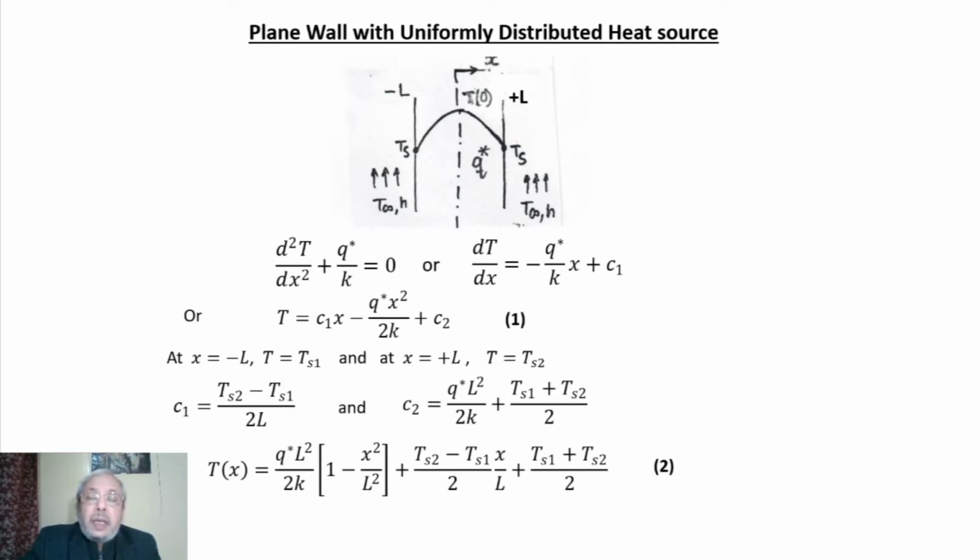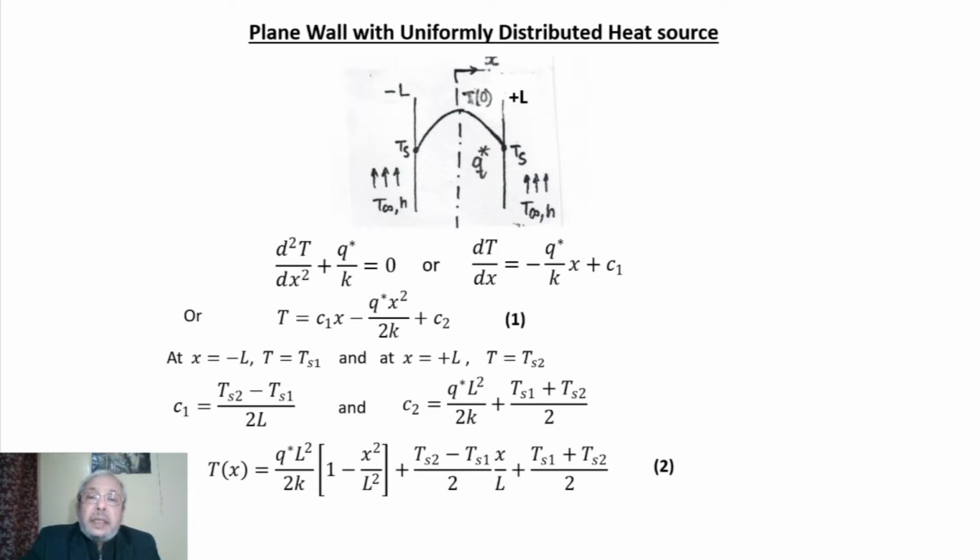This wall is such that the temperature variation in the x direction will be considered. In the y direction, it is extended to infinity, and in the z direction, that is perpendicular to the plane, it is extended to infinity. That means at any z, we'll get the same distribution repeated.